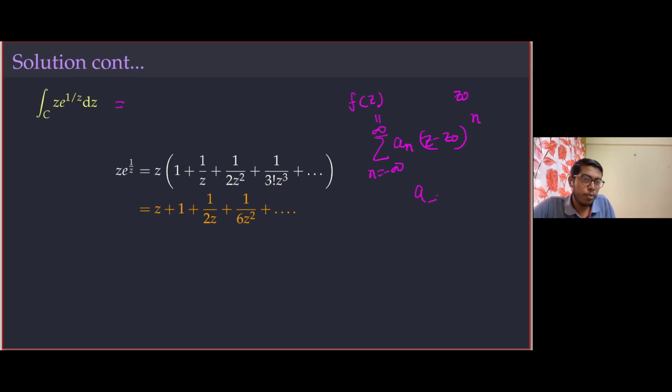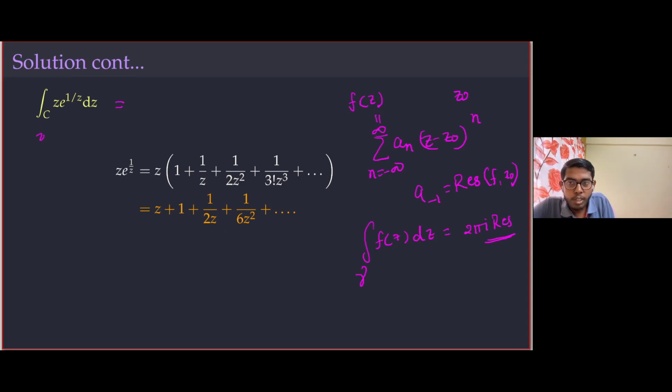And a minus 1 is called the residue of f at z naught. If gamma contains z naught, then the integral of f(z) dz is equal to 2 pi i times the residue.